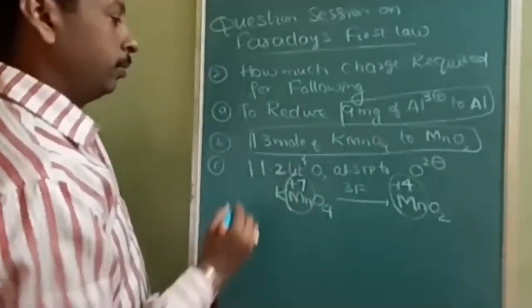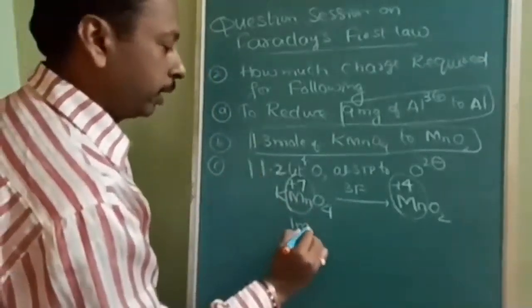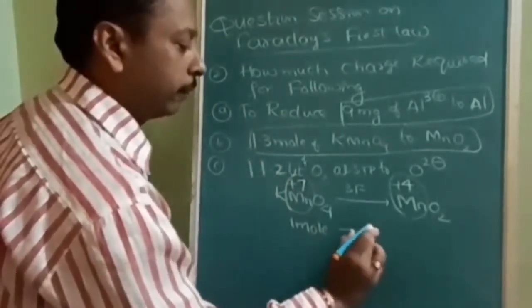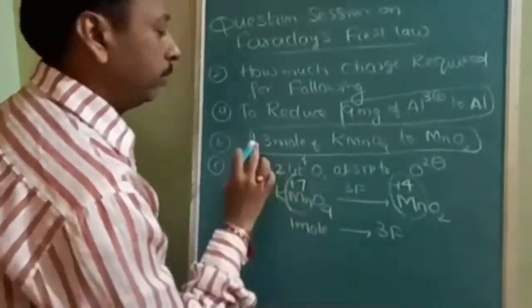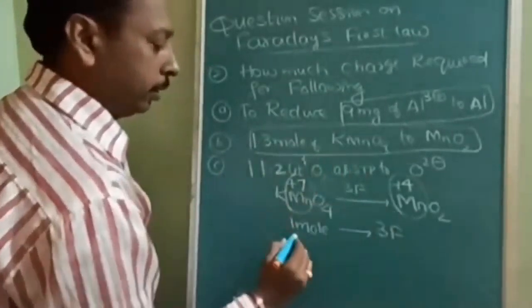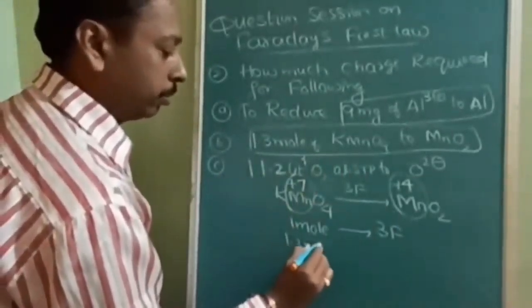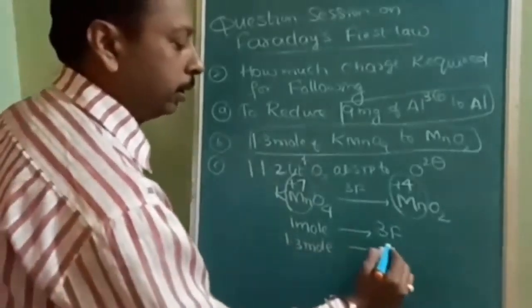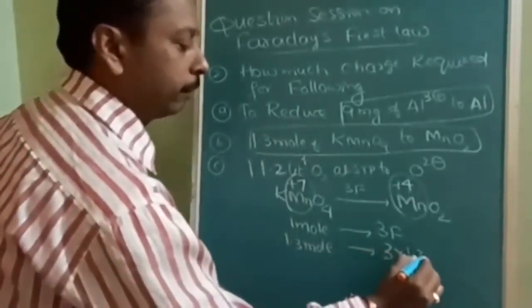Now, directly I will write: 1 mole requires 3 Faraday. Then 1.3 moles require how much? So simply 3 into 1.3 Faraday.